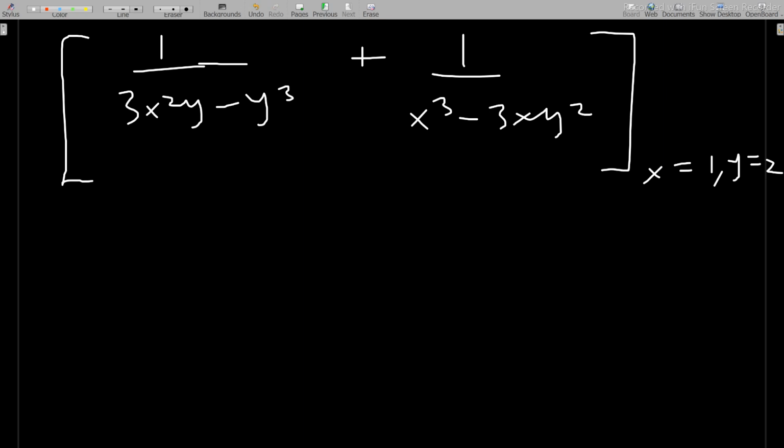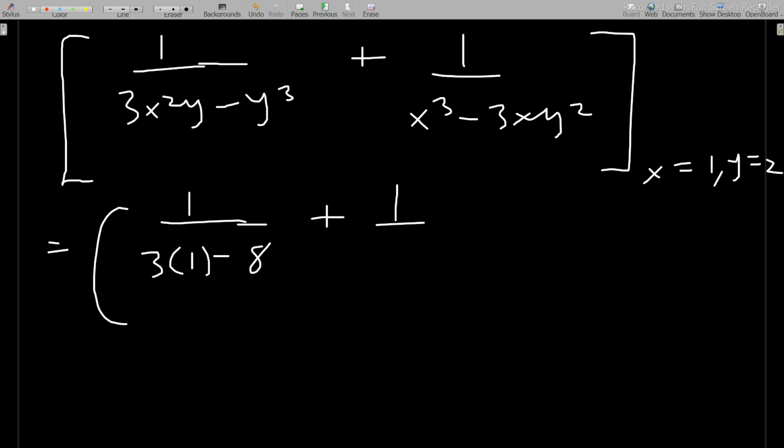So with that, you simply put our values in. I put 3, then x is 1, so 1 squared is 1, times y which is 2, minus y cubed, 2 cubed, which is 8. And plus 1 over x cubed, which is 1, minus 3 into 1, y squared, which is 2 squared, so I have 4.